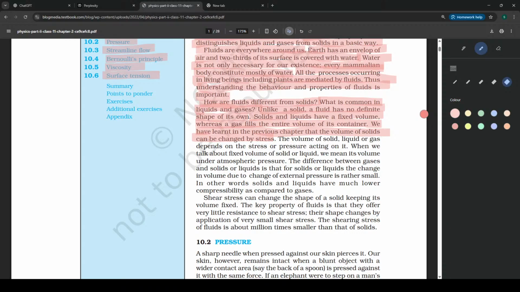A gas neither has a fixed shape nor a fixed volume, because if we take a gas and fill it in a small container and a big container, it will occupy the whole of both containers, even though we fill the same amount of gas in both. So we can say that a solid has fixed shape and fixed volume.